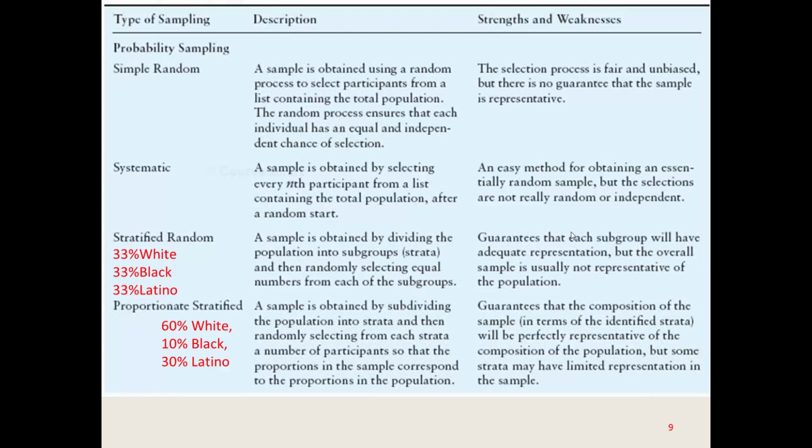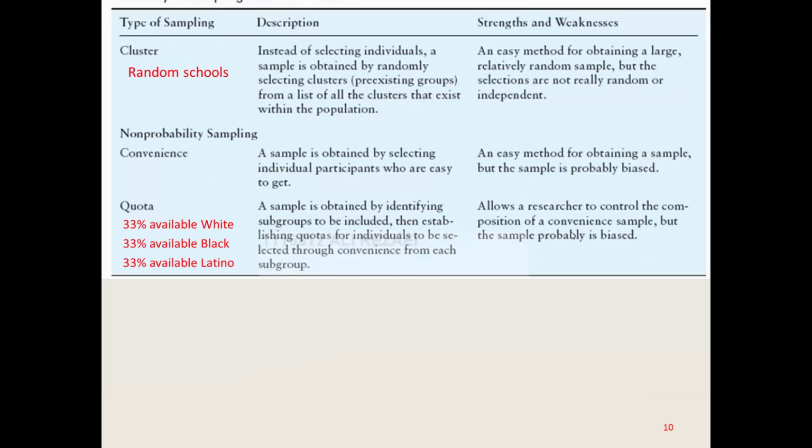In stratified random you want to make sure that the percentage of individuals from each group is equal, but here you want the percentage of each group to be similar to the population. So for example, if in the actual population we have 10% black, we want our sample also to have 10% black.